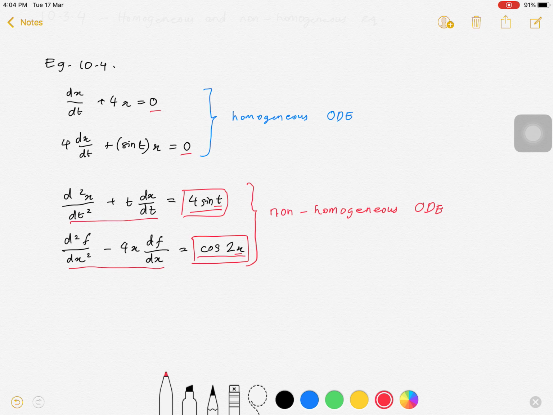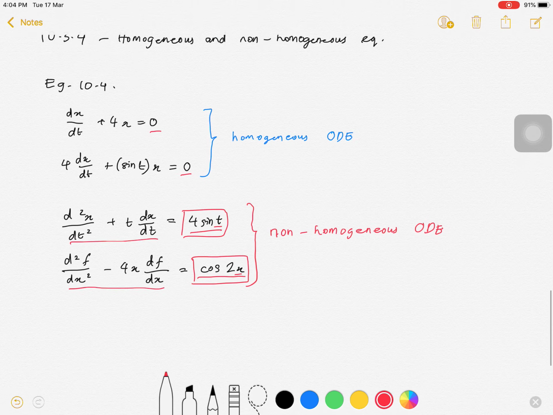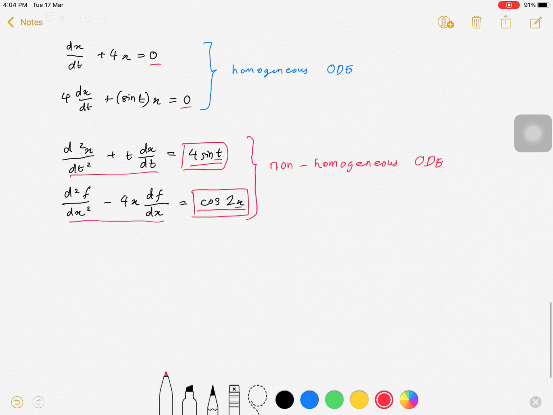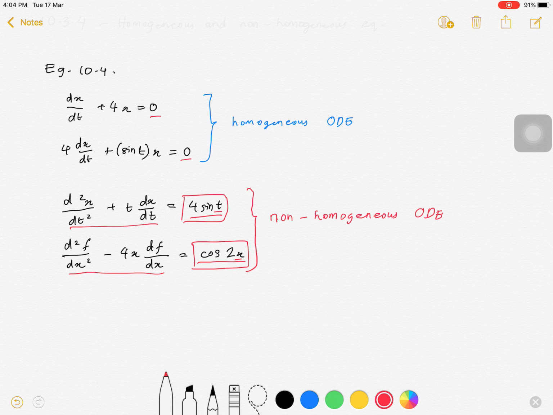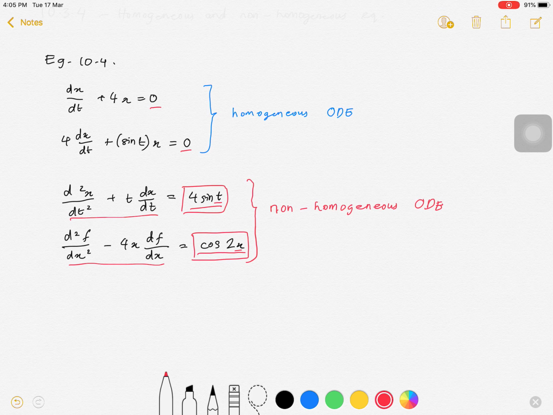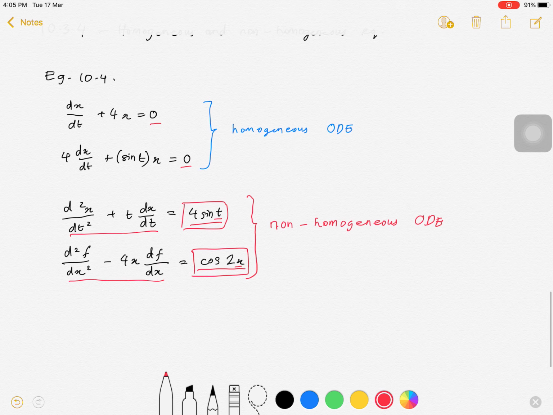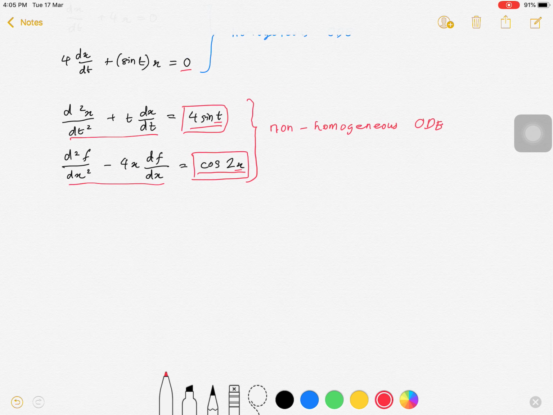If we want to know further the difference between homogeneous, non-homogeneous, linear, non-linear, and the use of each, you can learn it by yourself. For now, you just need to differentiate and know the classification of the ODE.